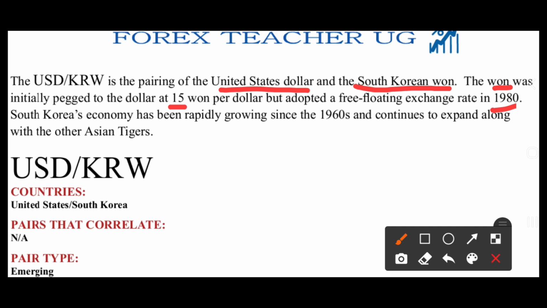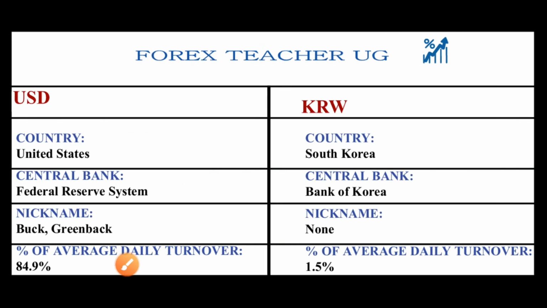Of course, we know this is also among the producers of technology like LG and Samsung, and its economy is growing highly. We are sure that as time moves on, these are also going to reduce the spreads that they carry. So this is the United States dollar against the Korean won, South Korea, the country. The pairs that they correlate with, we are not sure, and the pair type is emerging pair.